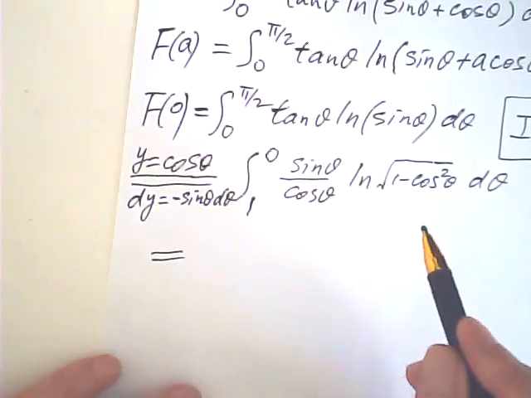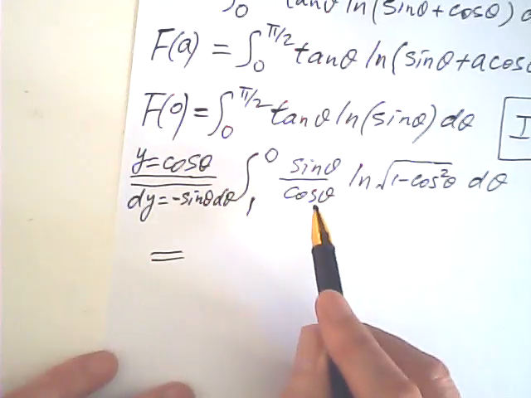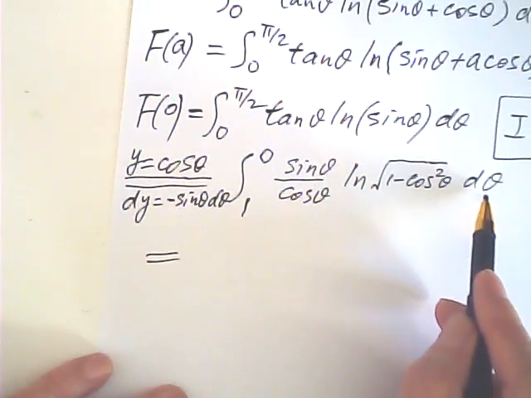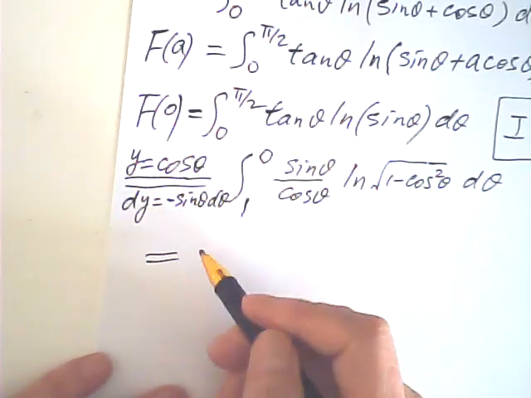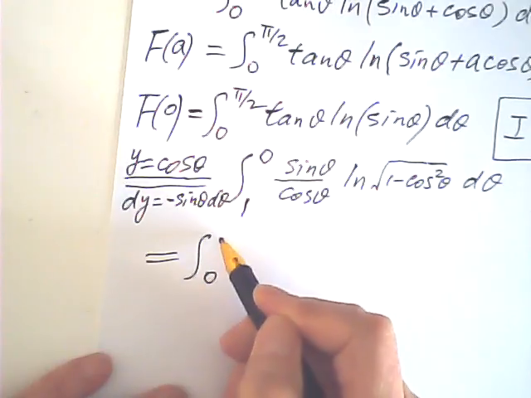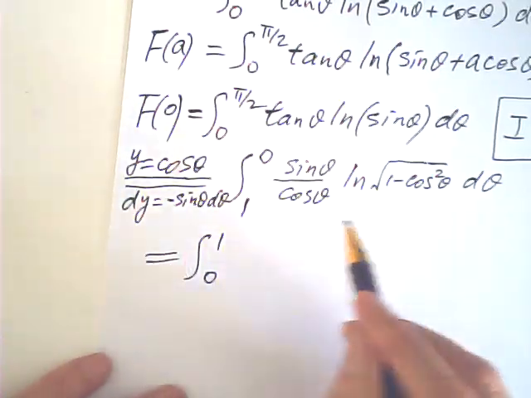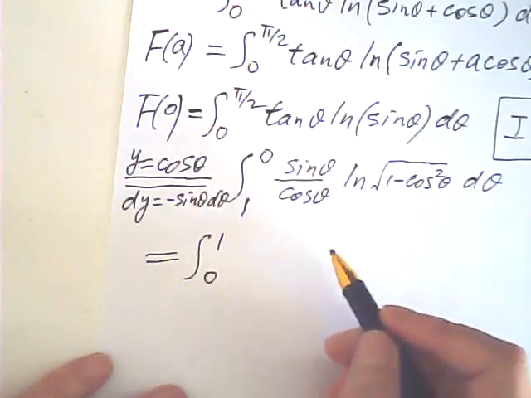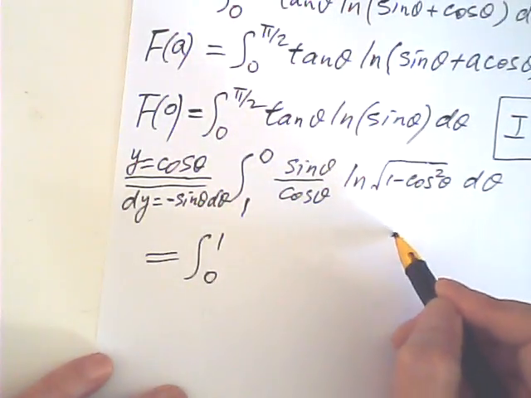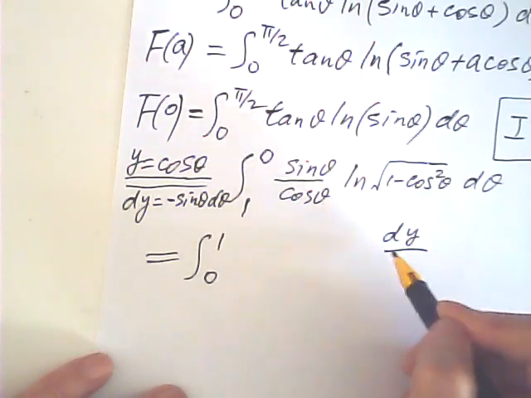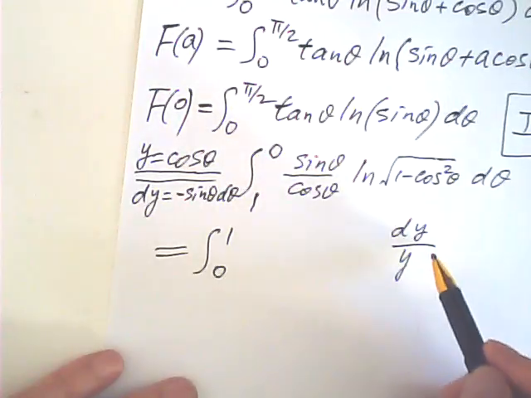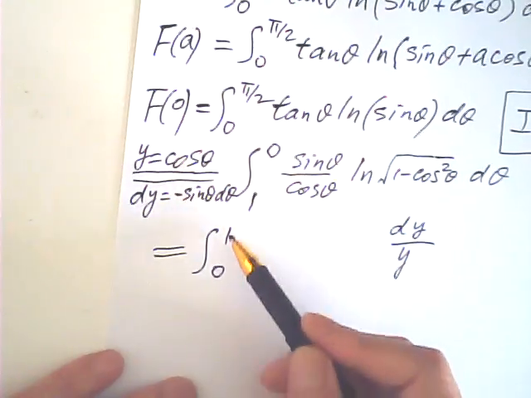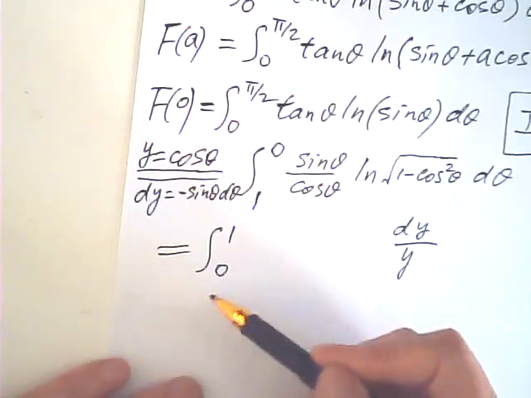Now, sine theta d theta is a dy, negative. So I switch the order, so the negative is gone. It becomes a dy over y, and then switch the integral limit.